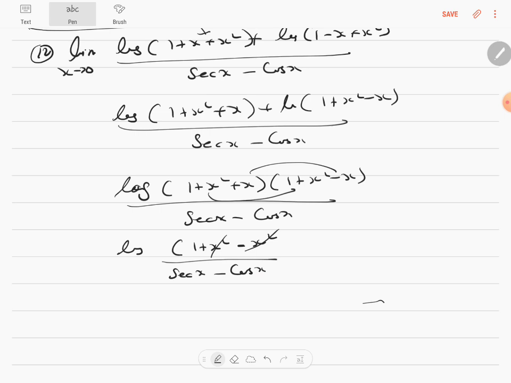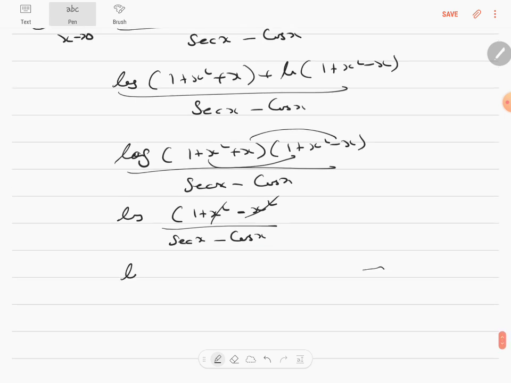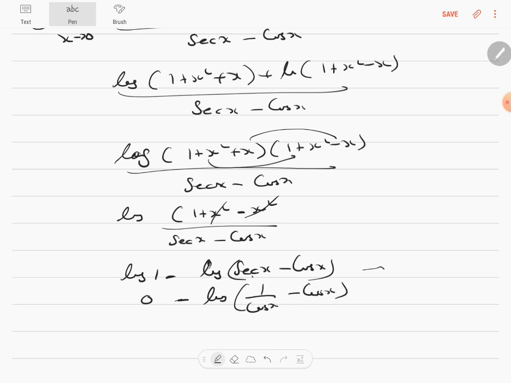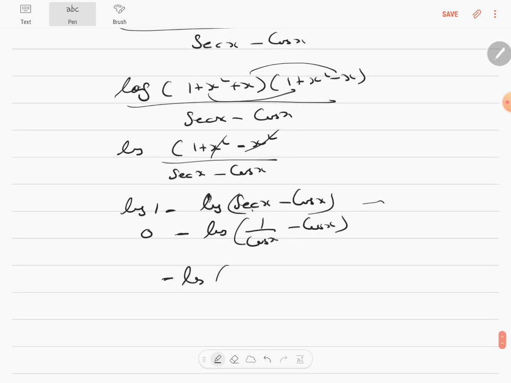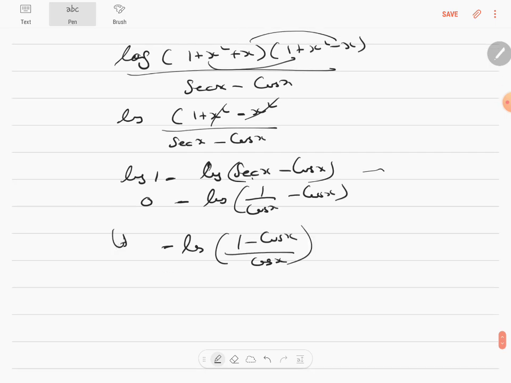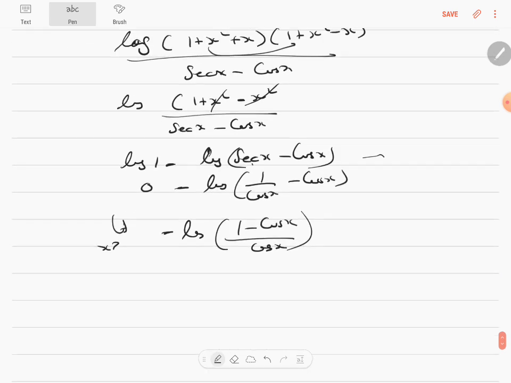This is like log of a by b, and you know it's log 1 minus log of secant x minus cos x. Let me continue. Log 1 itself is 0 minus log of 1 by cos x minus cos x, which is minus log of 1 minus cos x by cos x, limit x tends to 0. The denominator is not becoming 0, but the numerator is. So let's solve this further. 1 minus cos x is 2 sin square x by 2, by cos x.